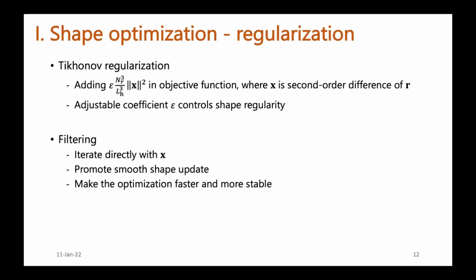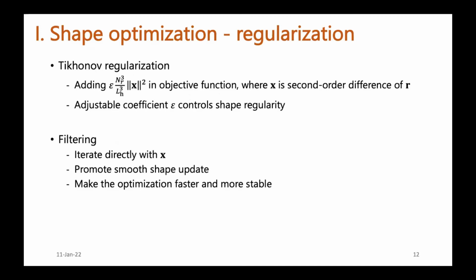The first one is Tikhonov regularization, which adds a term to the objective function. Here x is the second order difference of the radii, and this fraction is constant in an optimization process. The epsilon here is an adjustable coefficient that controls shape regularity.